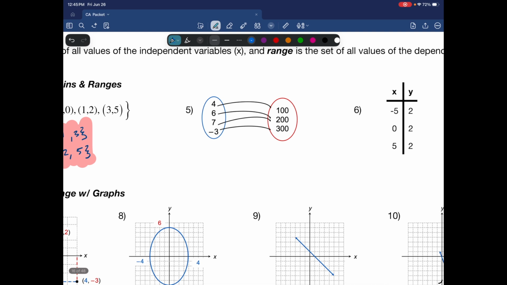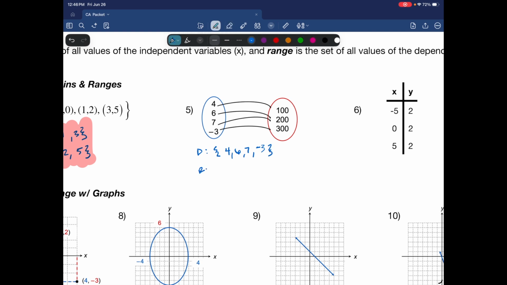Now, all these things can be represented in different ways. So we had a list of ordered pairs on number 4. Here we have what we call a concept map or mapping. All right, so my domain is everything in the blue bubble. So I got 4, 6, 7, and -3.